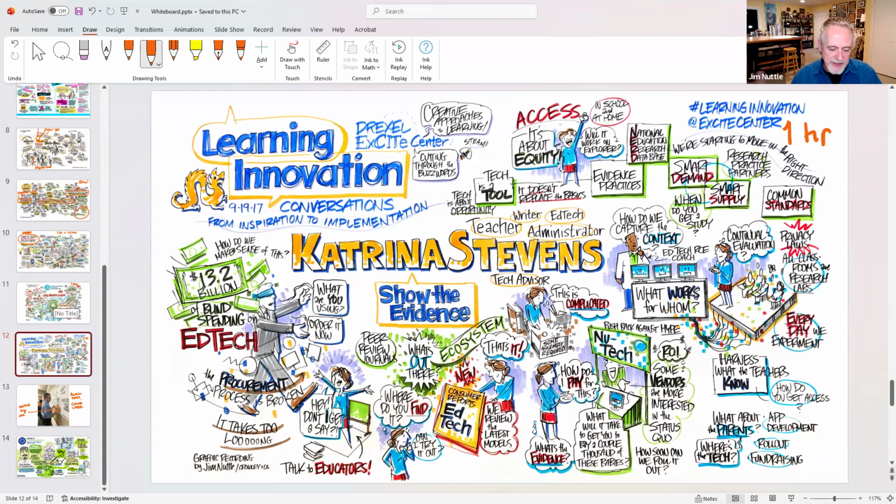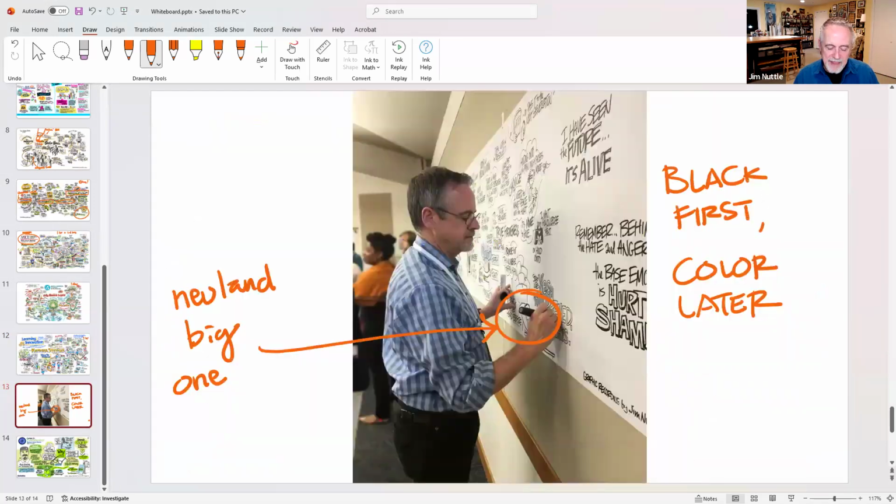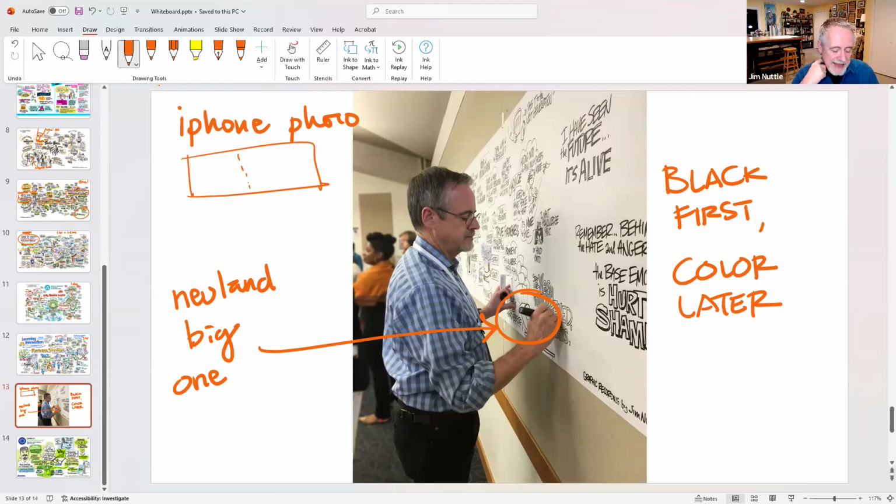So for an 8 foot wide by 4 foot high chart, I take my iPhone 11 Pro and I take a picture. I take it in two halves, so I can get just that much more detail. Get back to my studio, open up Photoshop.